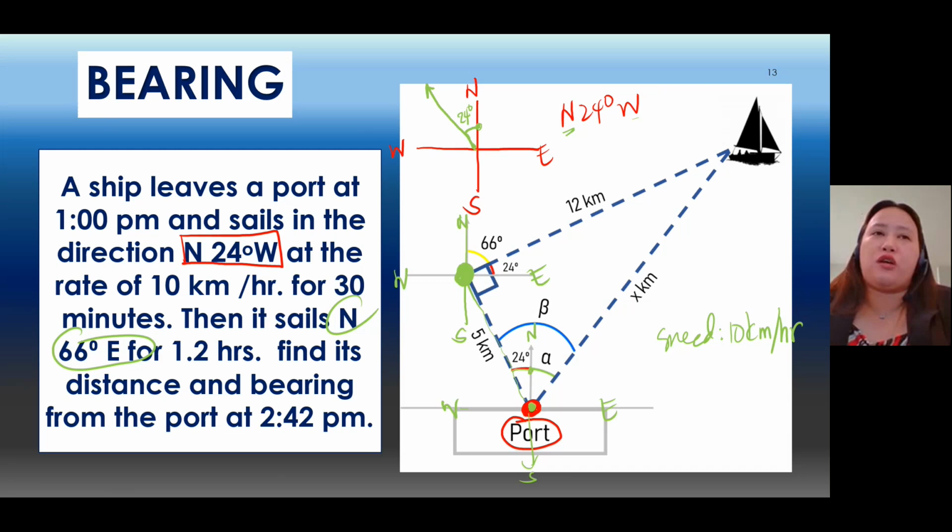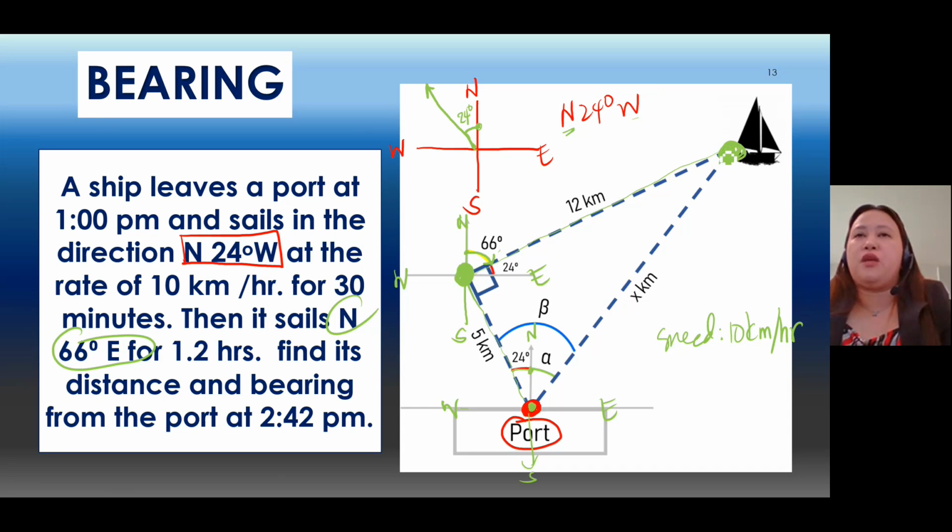So from the north, you're going to measure 66 degrees towards the east. And after that, you're going to draw a straight line. And then another point.